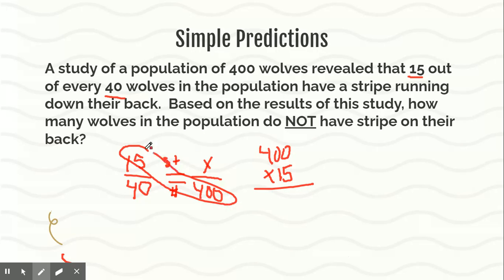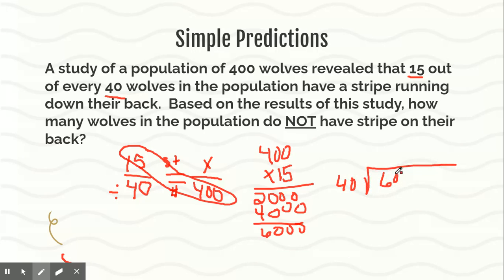Because we're multiplying those two. 0, 0, 20, 0 placeholder, 0, 0, 4. So that is 6,000. And then I'm going to divide that by 40. So 40 goes into 6,000. 40 goes into 60 once.